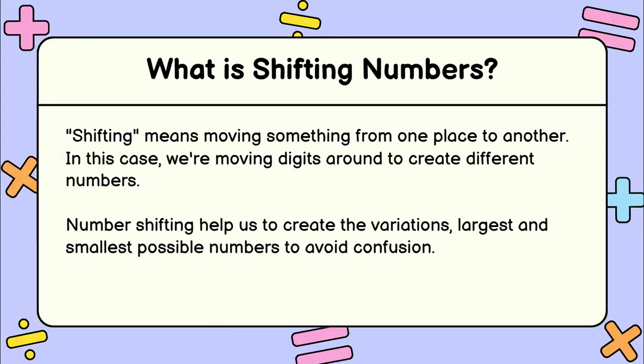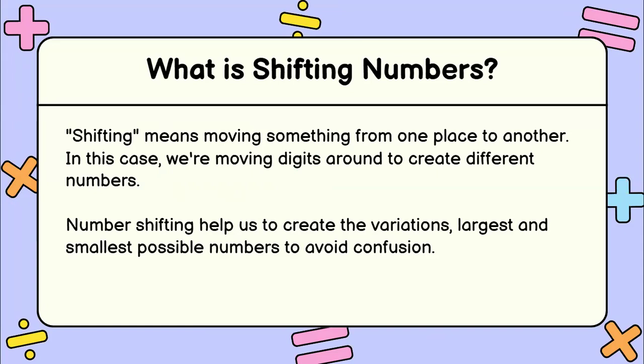Let's see shifting numbers. Shifting means moving something from one place to another. So in this case, we are moving digits around to create different numbers. You might ask, how does number shifting help us?